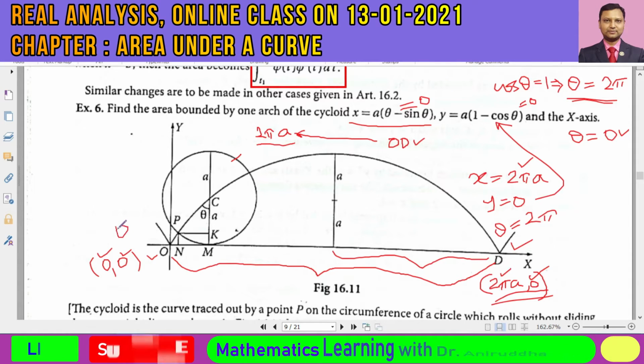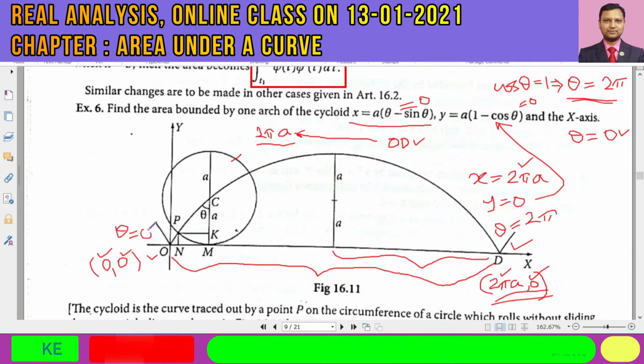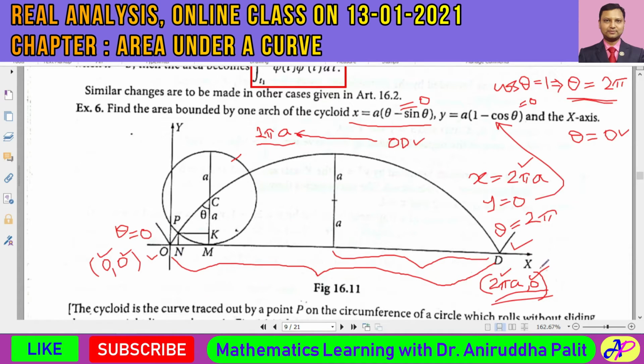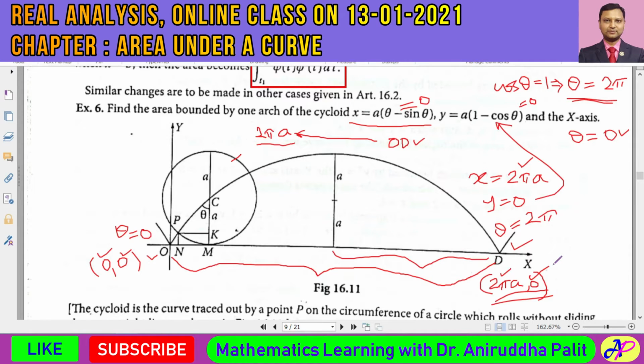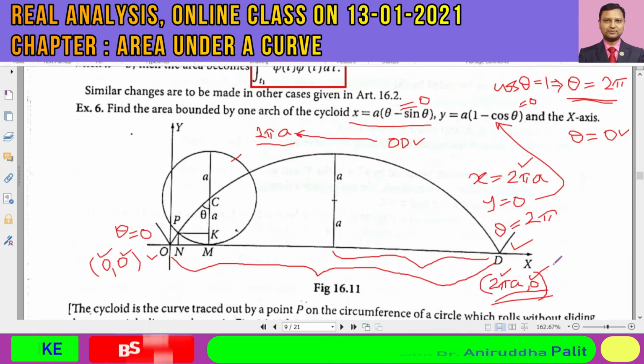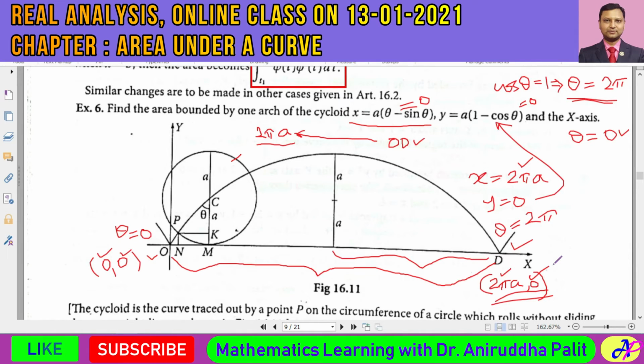Therefore, we can say that theta is equal to 0 at the point O, and theta is equal to twice pi at the point D. Got it? So in this fashion, we would be able to find out the value of theta.